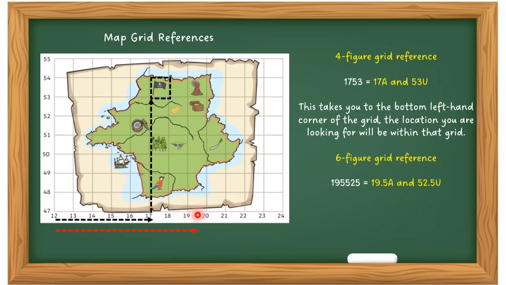So you're stopping here at 19.5. Then you go 52.5 up, from 525. So you go up there till you get to 52.5, and you can see that takes you directly to the treasure chest. So that takes you directly to where you want to go, whereas the 4-figure grid reference will take you to the bottom left corner of that grid square.